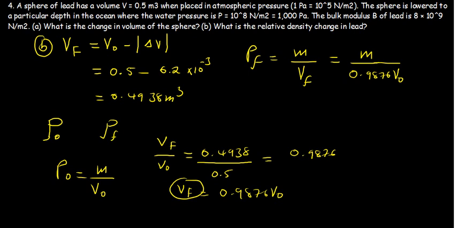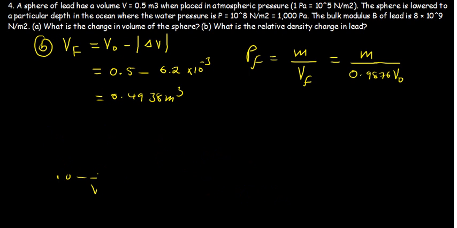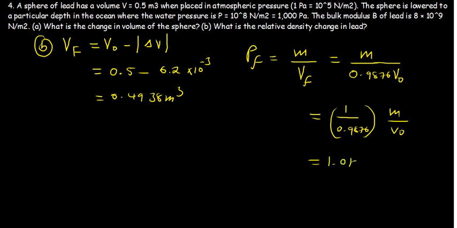I'll just rewrite this. This is going to be 1 over 0.9876, and then you have mass over volume. And 1 over 0.9876 will give us 1.0126, and mass divided by the initial volume.